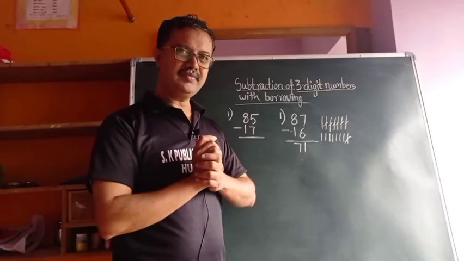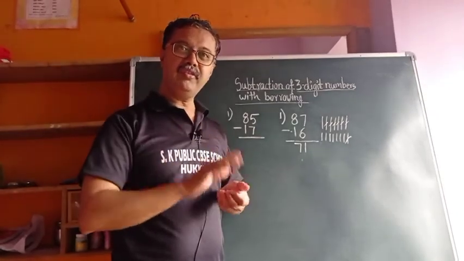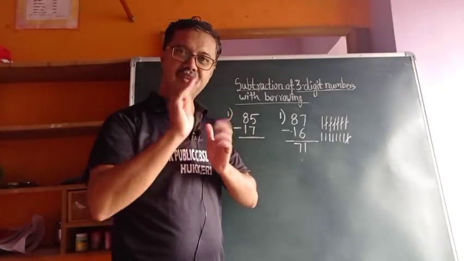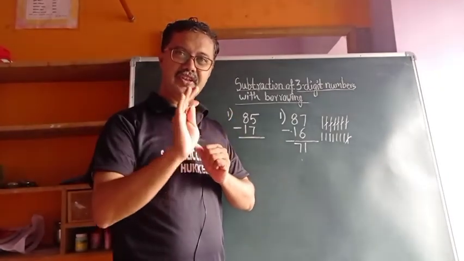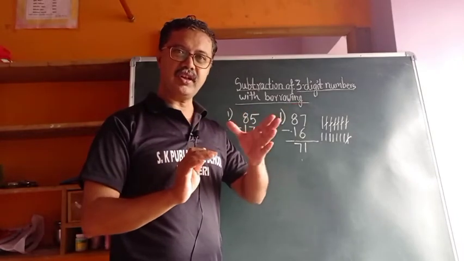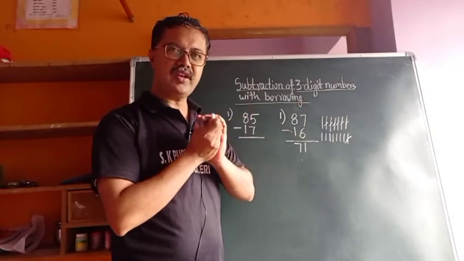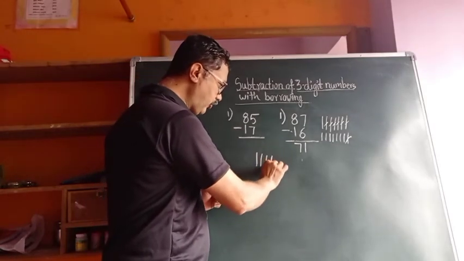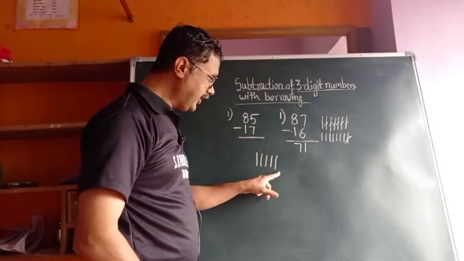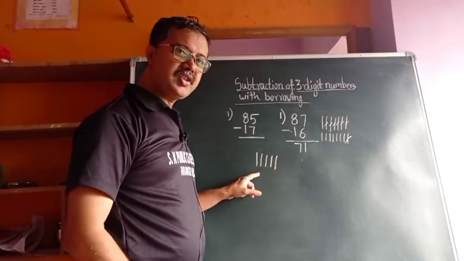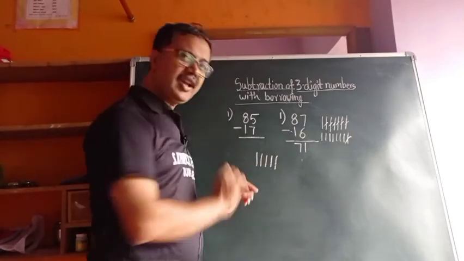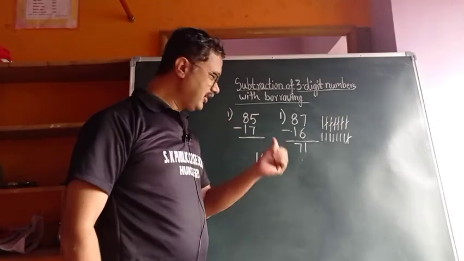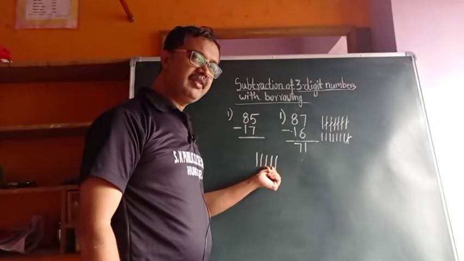Is it possible? You have only 5 chocolates, 1, 2, 3, 4, 5. Among these, 7 you have to strike out. How is it possible? Nothing. Here we can't subtract that one.